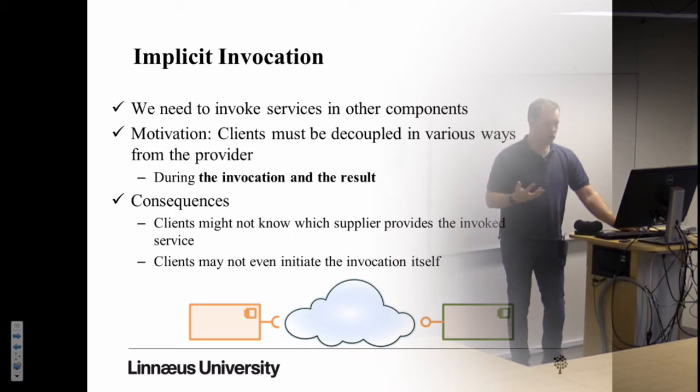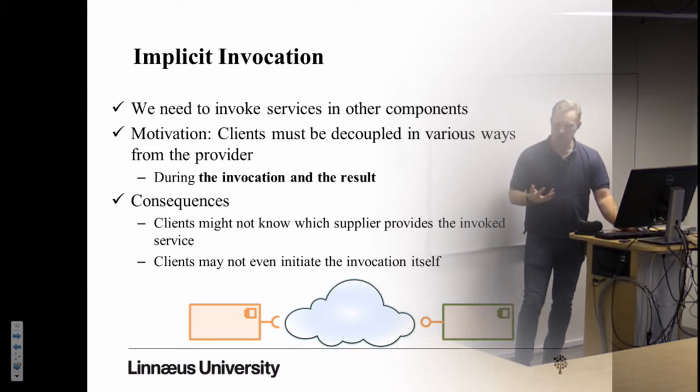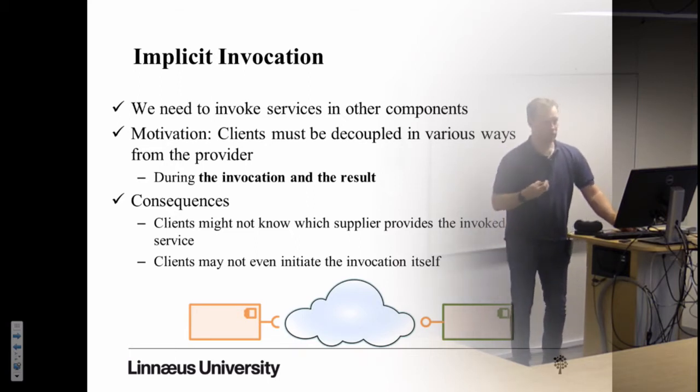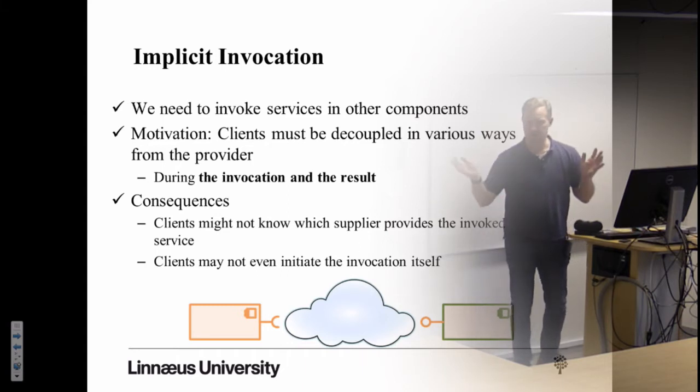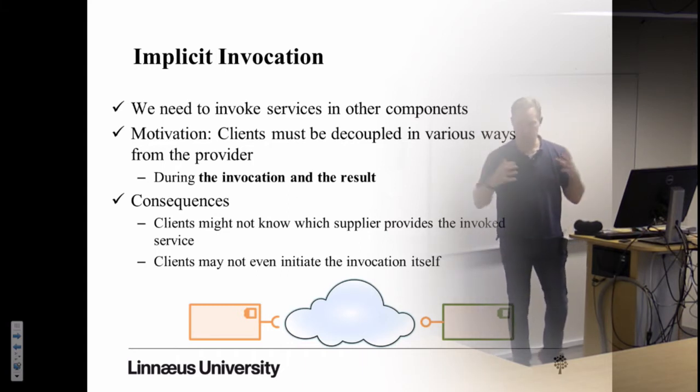And if you have a broker in between, you can actually get full support. You just send your request to the broker, provide me with this service, and the broker takes on the responsibility to look up the service, connect the two.